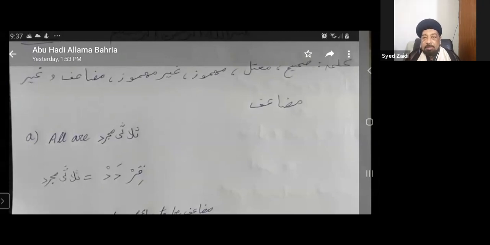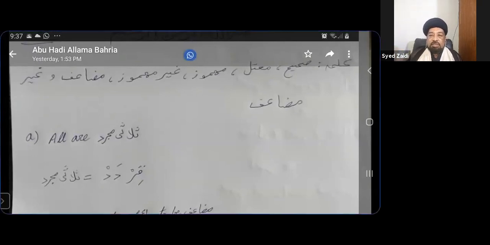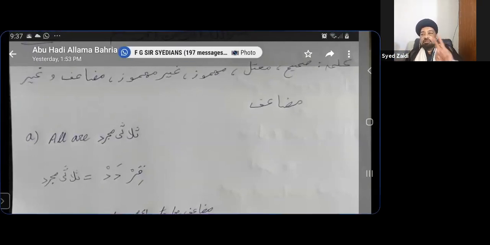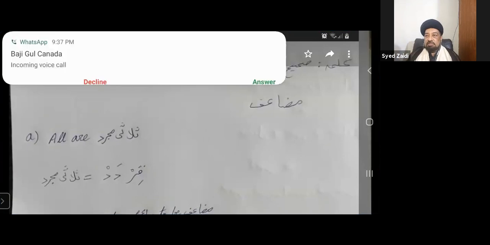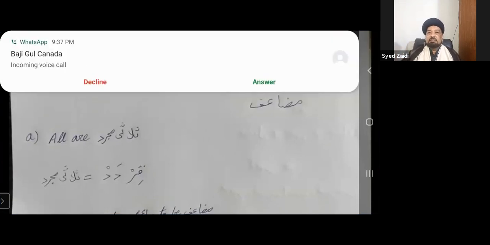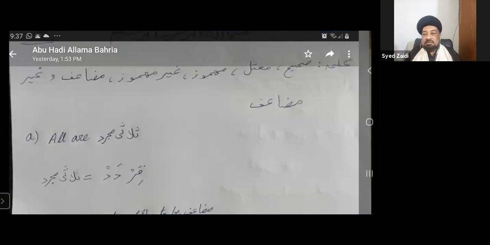There is a rule in Arabic that if you find two letters side by side, like in dada or qirdad, then one of them is asli and the other is zaid. Therefore, when you find two letters of the same kind next to each other, it is always thulathi mujarrad. That means one is asli and the other is zaid.